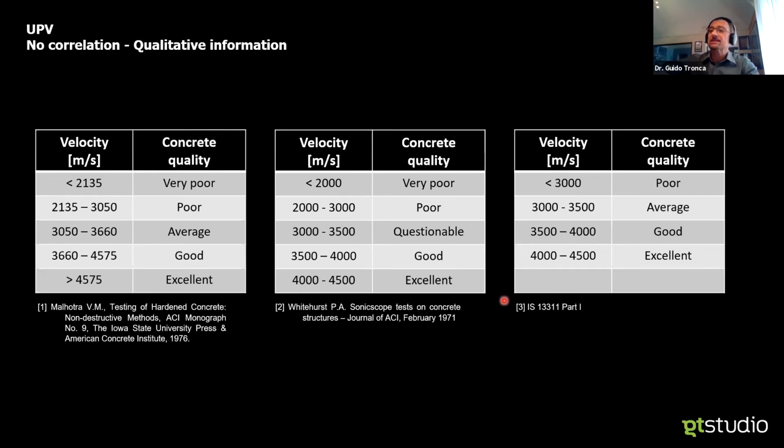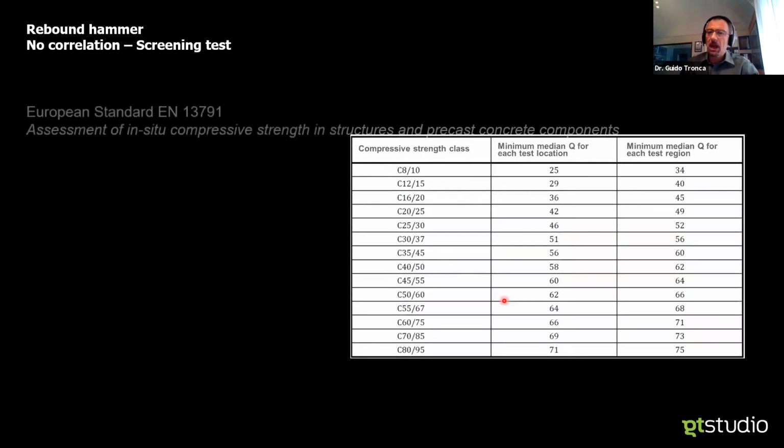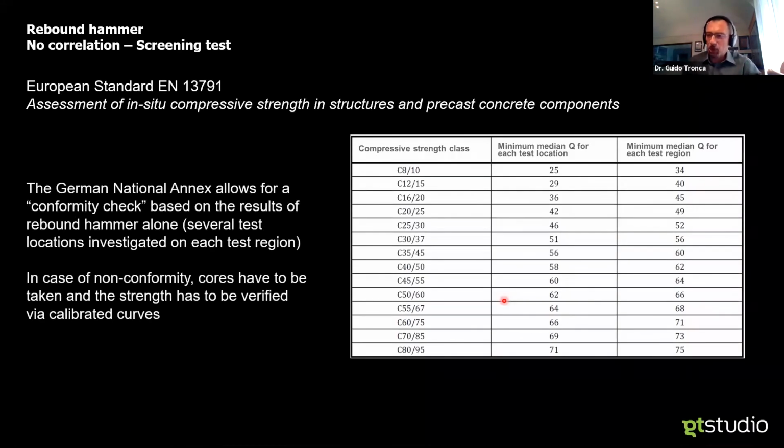The first floor is for sure a different concrete than all the other floors because the velocity is awfully low. Nothing wrong with qualitative information, much better than wrong quantitative information. Another way of using this approach is already in a guideline, a national annex of a European standard, which is the general European standard for calculating compressive strength by means of destructive and non-destructive tests.